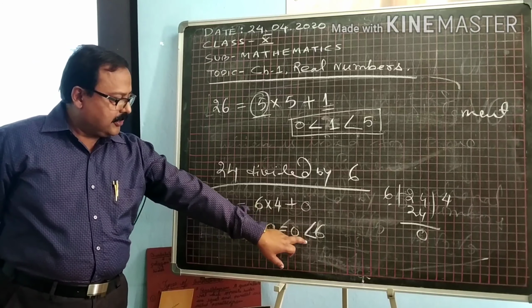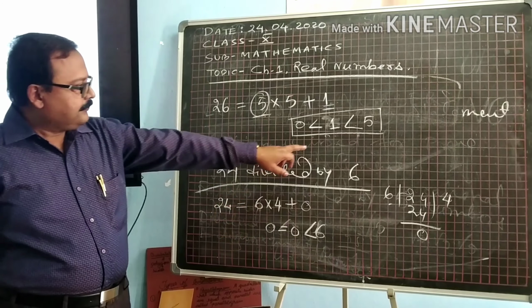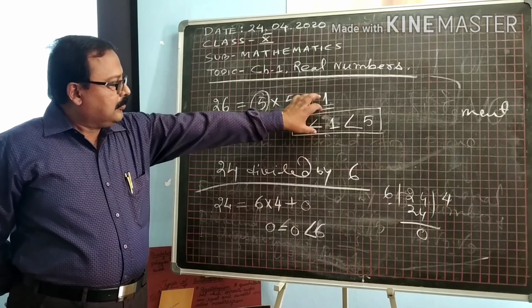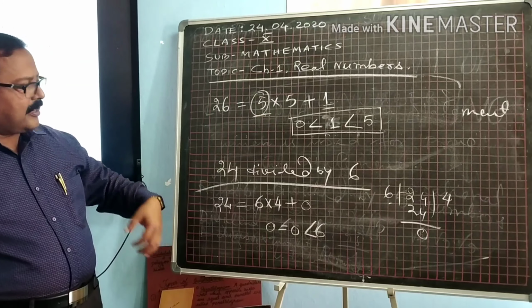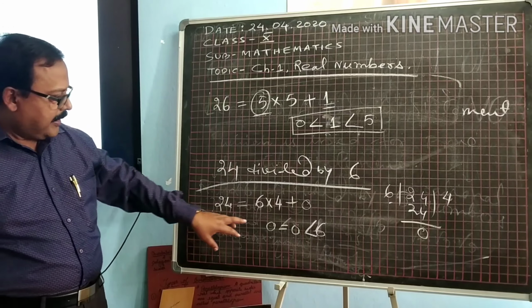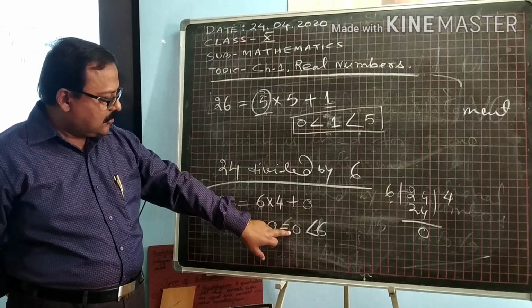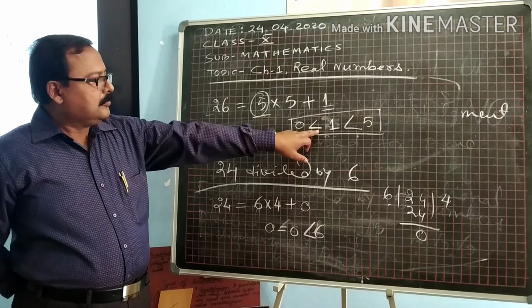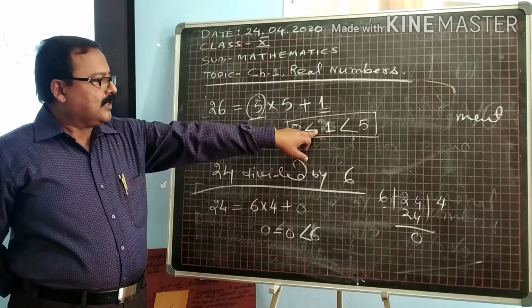Then the condition we get is that when any number is divided by another number, the remainder is either 0 or greater than 0.